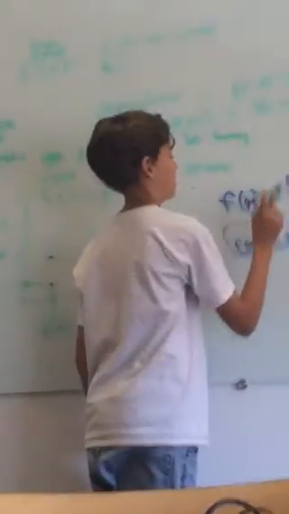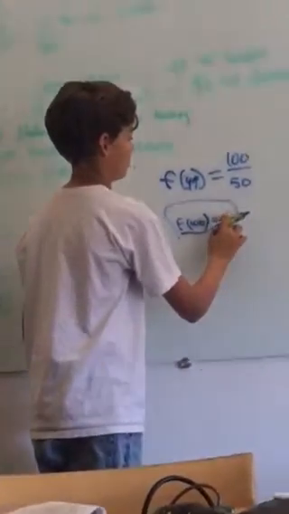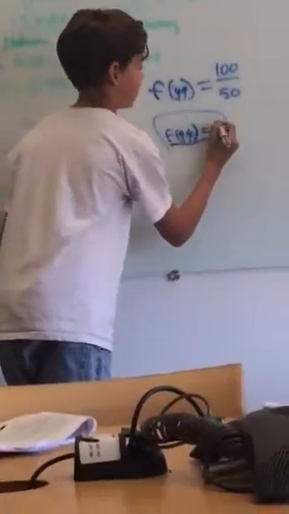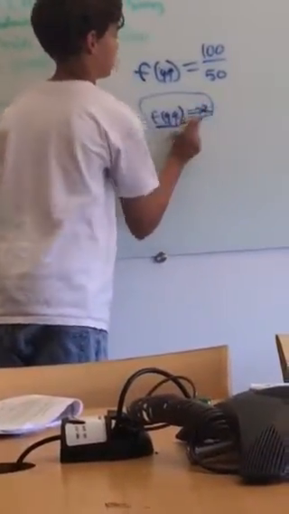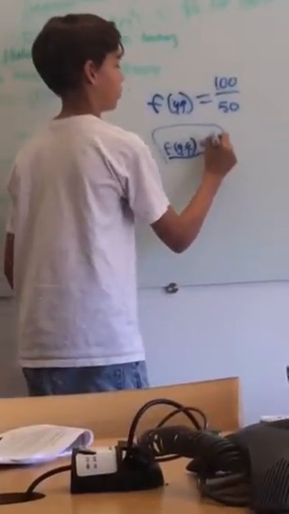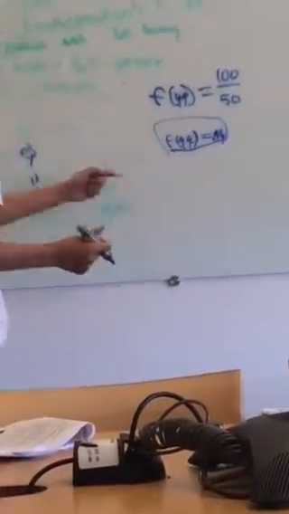But if instead of 100, we do, let's say 99, then this won't equal 2. It will equal something a little bit less than 2, like 1.99. And you can't have half of a bus.